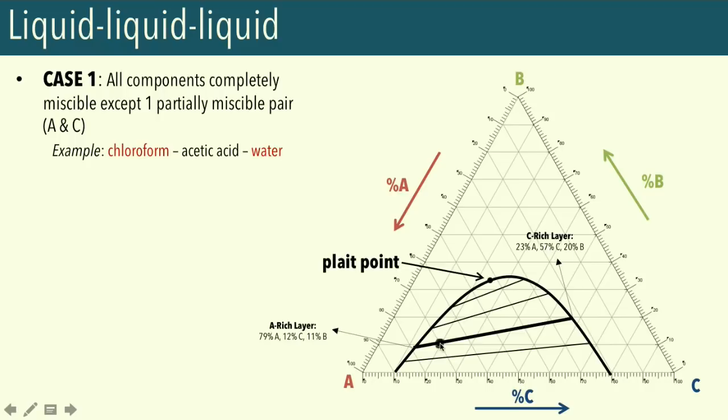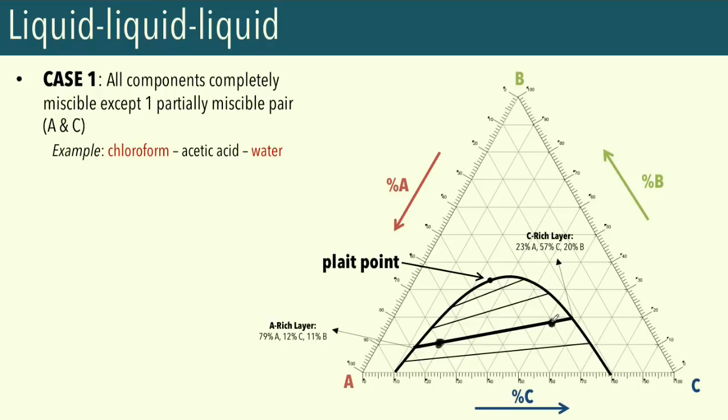So as long as you're along this tie line, you're going to have a constant composition of A-rich layer and C-rich layer. For example, we said earlier that if we have this system over here, it's going to split into two layers: an A-rich layer and a C-rich layer. If, however, you have a composition of the original solution as this over here, we're still along the same tie line, so that means our solution is still going to have the same phases.